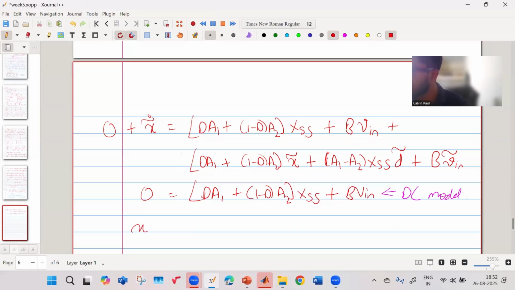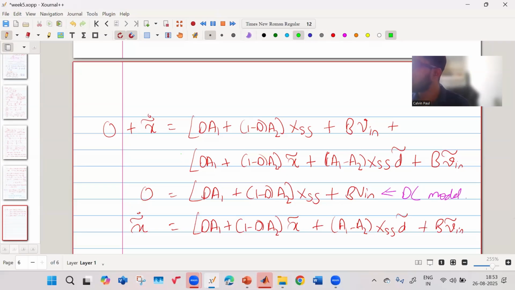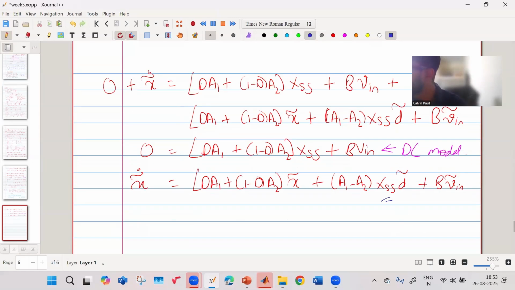This one, x tilde dot, is equal to D into A1 plus 1 minus D into A2 times x tilde, plus A1 minus A2 into x steady state into d tilde, plus B into v in tilde. This is known as your AC modeling.